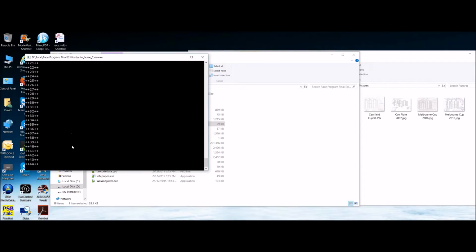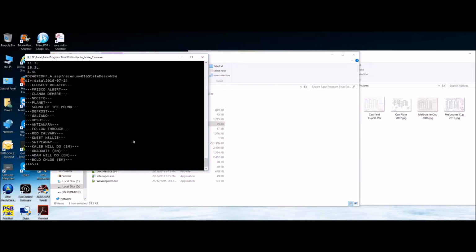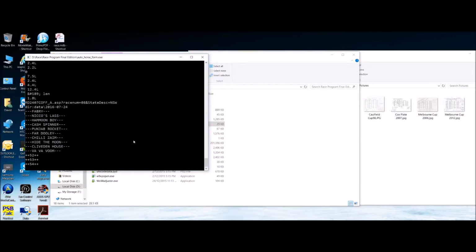Each race all over the states, and it's calculating with my calculations. It's absolutely brilliant how he got this to do this. It just leaves me speechless, really. It saved me hours and hours and hours.